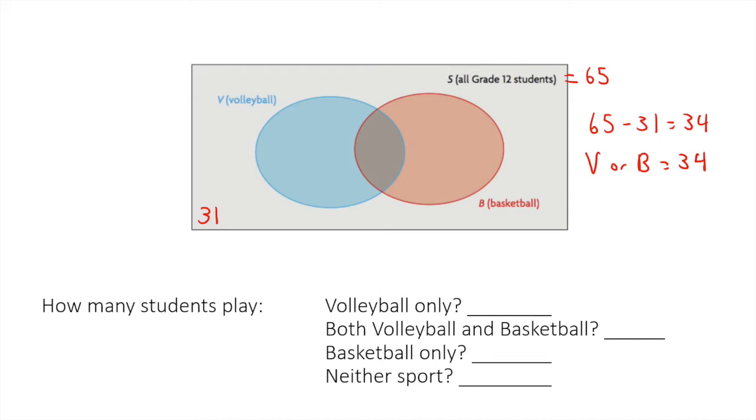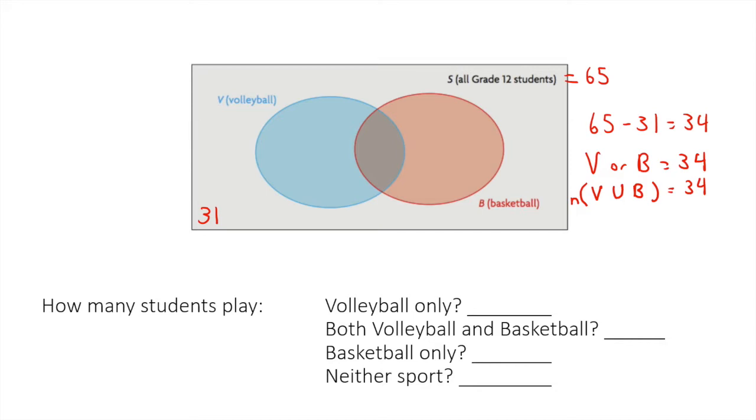Another way that you can do this with notation is actually V, this U, and B. That is the set notation for union, or in English terms, it just means or. And we know that this is equal to 34, and that's the number of people that play either or.